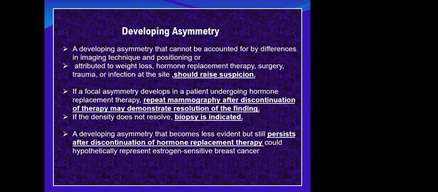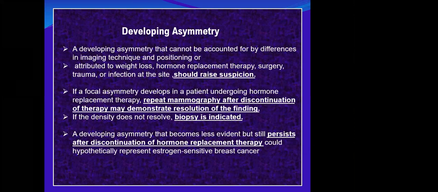And if focal asymmetry develops in a patient undergoing hormonal replacement therapy, we have to repeat mammography after discontinuation of therapy. Let the patient discontinue therapy and repeat mammography. If it is regressing, yes, it is related to the hormonal therapy. If it persists, not resolved, you have to proceed for biopsy to exclude malignancy.